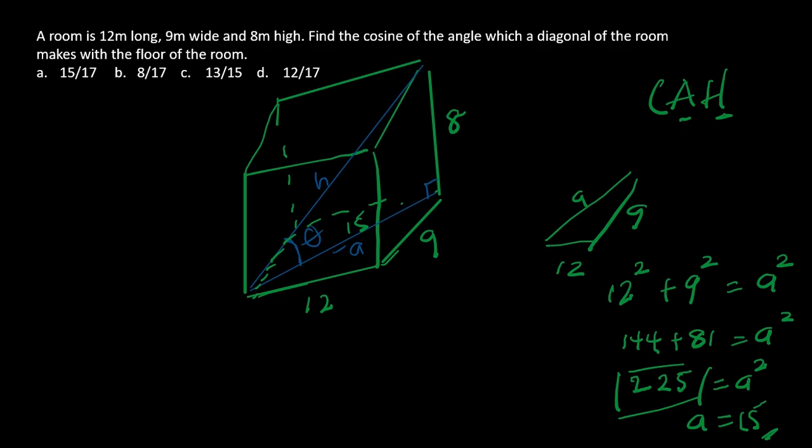And for me to find my hypotenuse, I can also use my Pythagoras theorem in this triangle, the blue one inside now, that comes like this and comes like this. I will just use my 8 here. Still using Pythagoras theorem, I can say that 15 squared plus 8 squared is equal to h squared, which is the hypotenuse squared. 15 squared is 225. 8 squared is 64, if I'm not mistaken, is equal to h squared. And when I add this together, I'm getting 289 is equal to h squared.